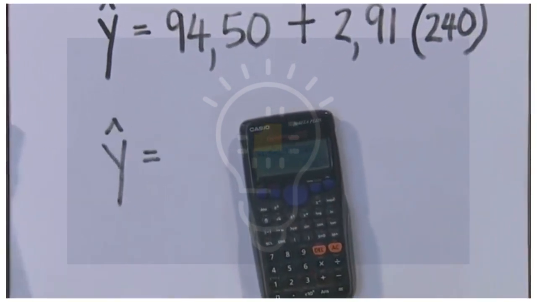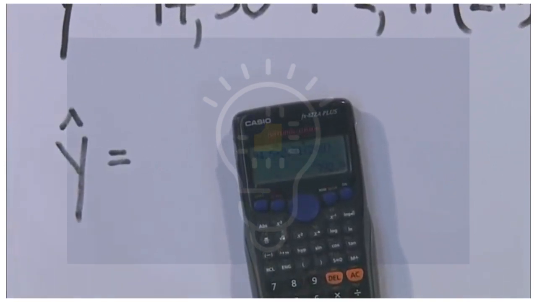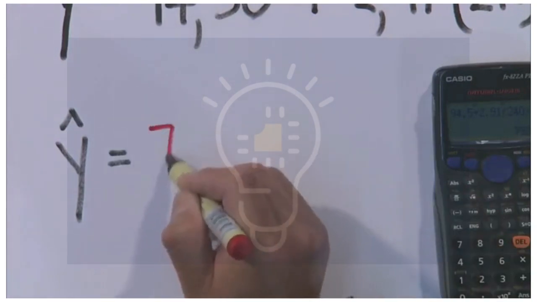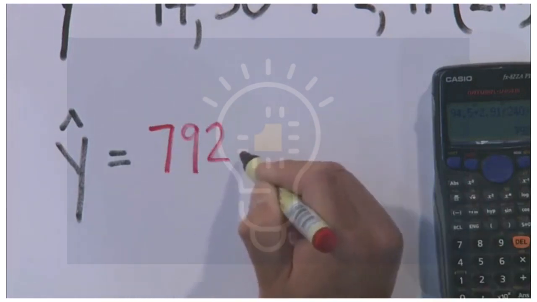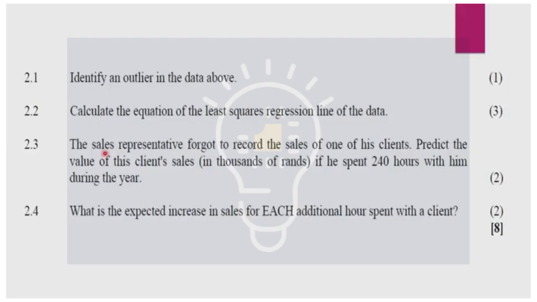The answer is none other than 792,90, but that's not my final answer. The calculator gives me 792,9. The question says I must predict the value in thousands of rands.